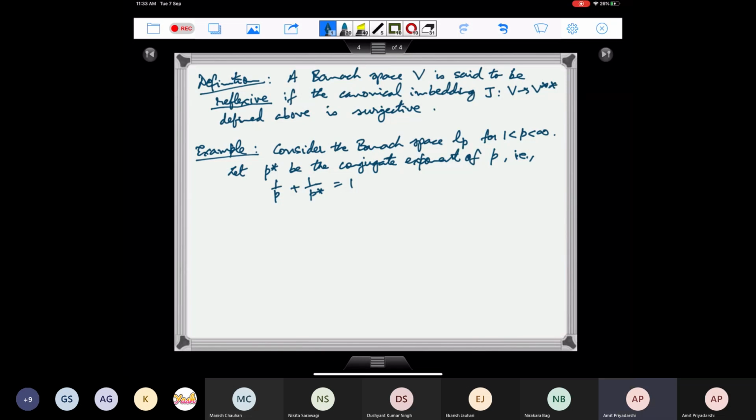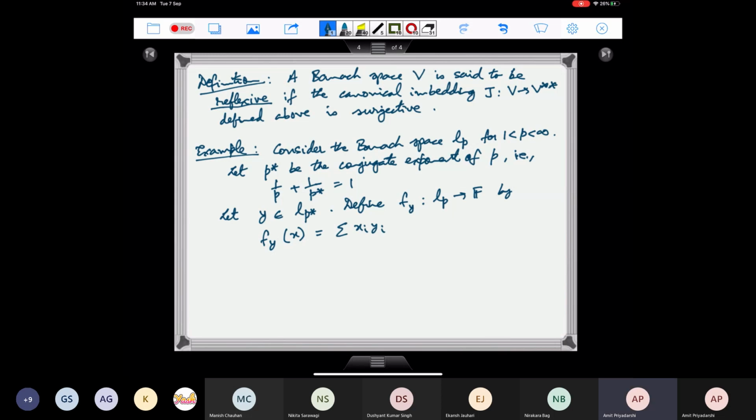So now if we take any y in l^p star, let y belong to l^p star, define f sub y from l^p to F by: if I take any sequence x in l^p, then we define f_y of x equal to the summation of x_i y_i.